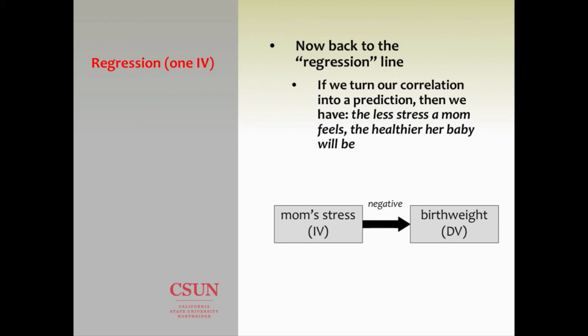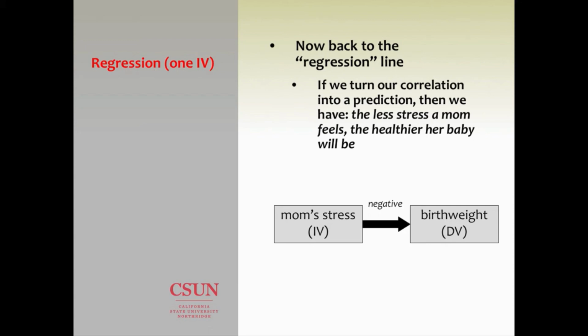Now, if we turn this into a prediction with the mother's stress, let's say at a certain point early in the pregnancy, then theoretically causing changes for the baby's health or the eventual birth weight of the baby, then we have a prediction that implies that the cause is the stress and the effect or the dependent variable is the health of the baby or the birth weight.